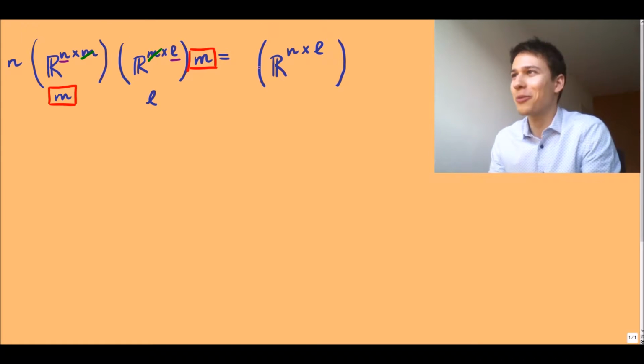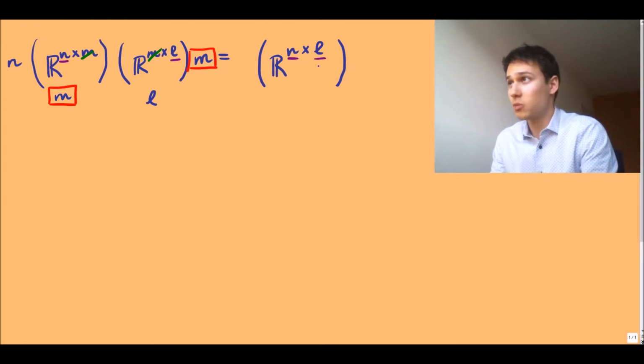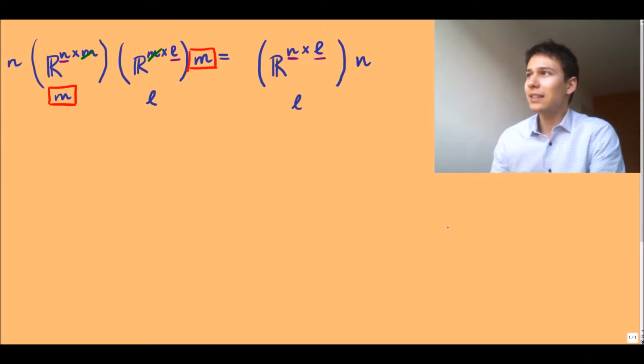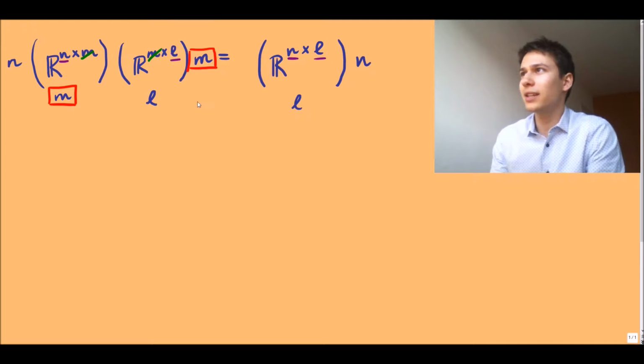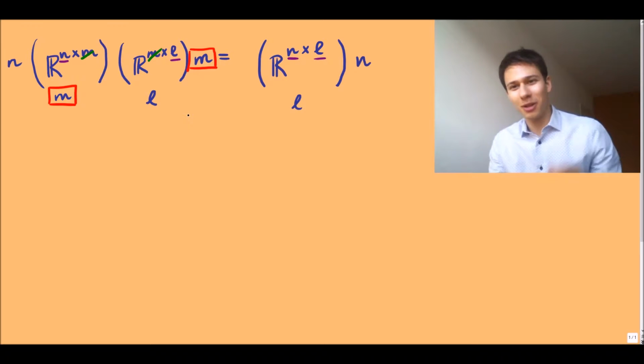You're gonna see it in some more examples in a minute. So we have n and l as the dimensions of our resulting matrix, which means that we have n rows and l columns.